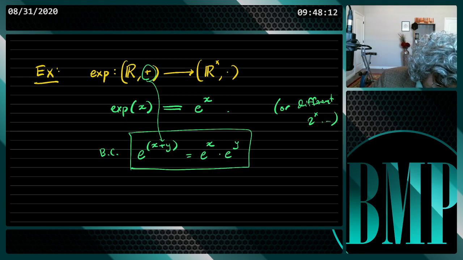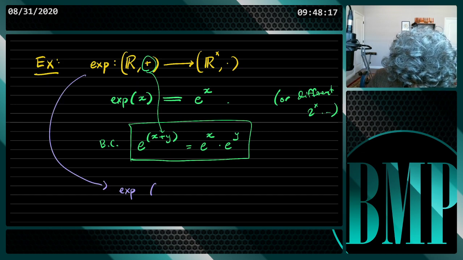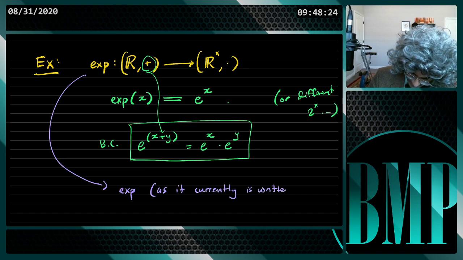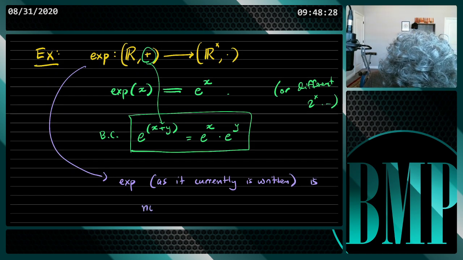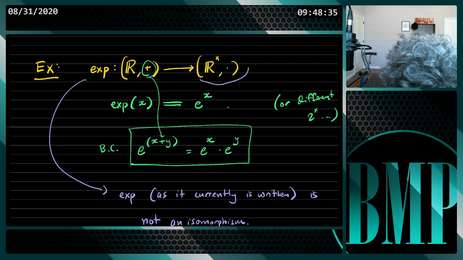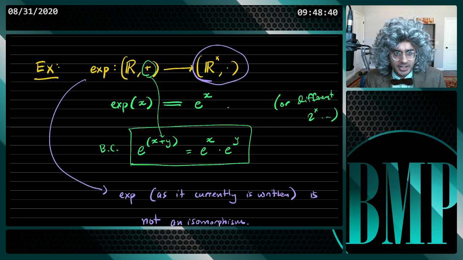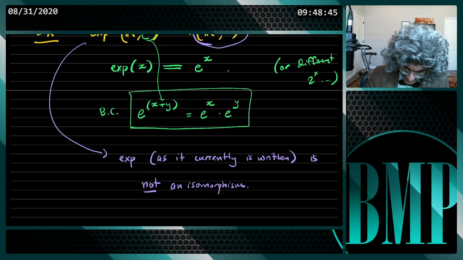This homomorphism, as it currently is written, is right now not an isomorphism. Because as I've written this, the negative real numbers are never hit as e to the x. It's not surjective.